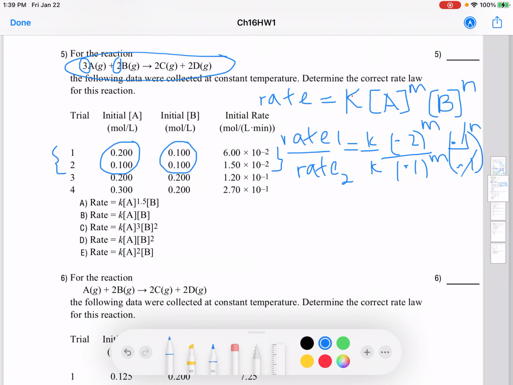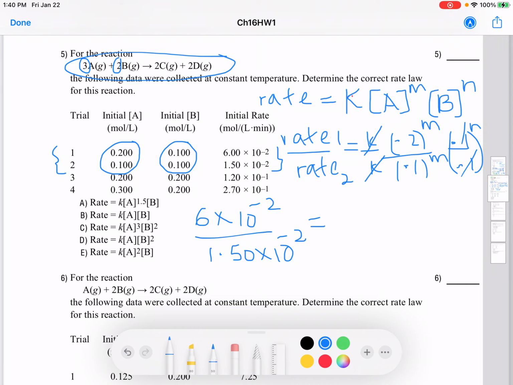So rate 1 is 6 times 10 to the negative 2, rate 2 is 1.50 times 10 to the negative 2. And the rate constant, since they are at the same temperature, is going to get cancelled.